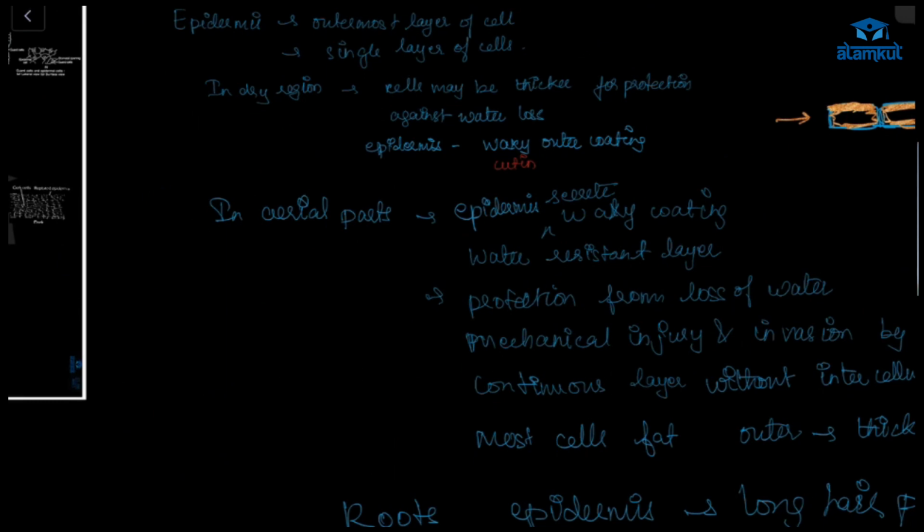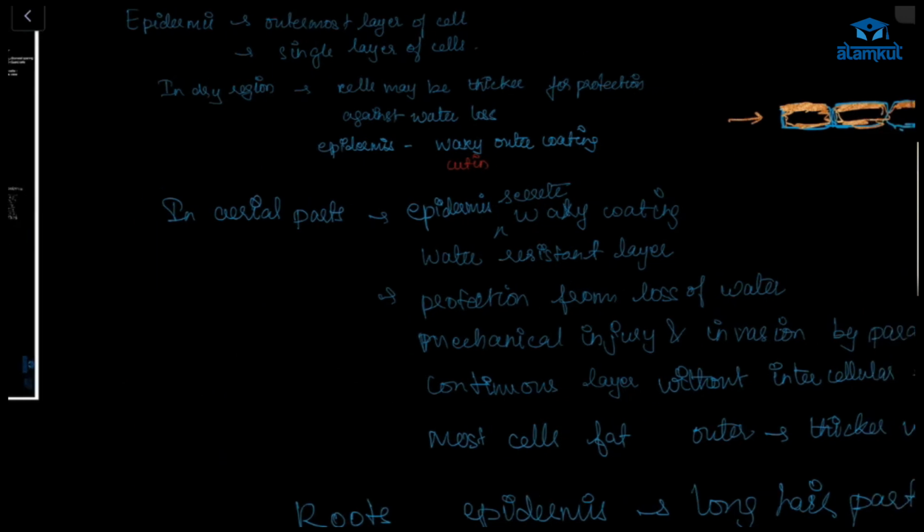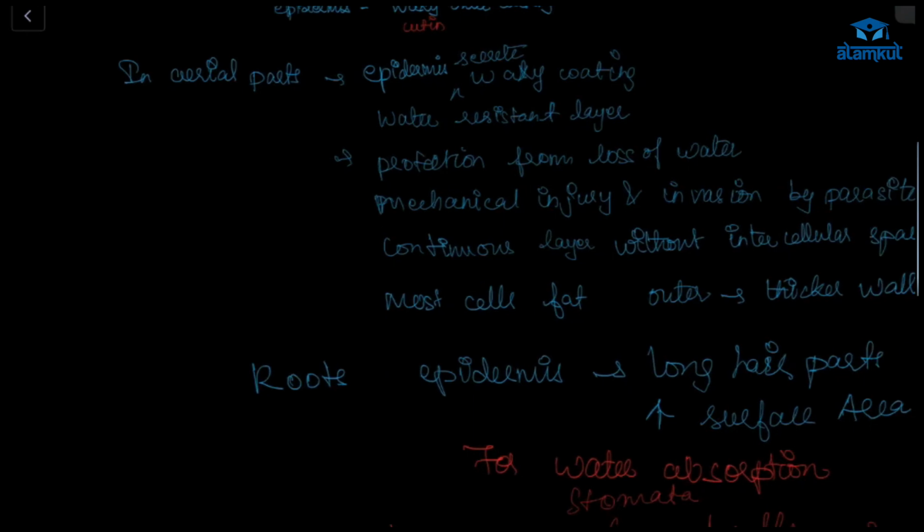Ma'am, for aerial parts, they will have a waxy coating which will make them water resistant and protect them from water loss, invasion of parasites, and mechanical injuries. Yes, mechanical injuries are like if we do something to them, they'll get injured, right?